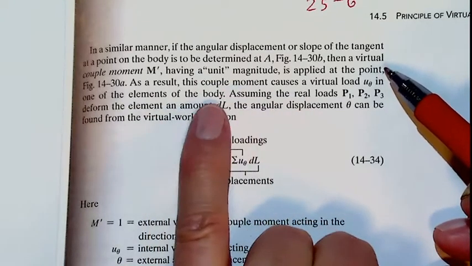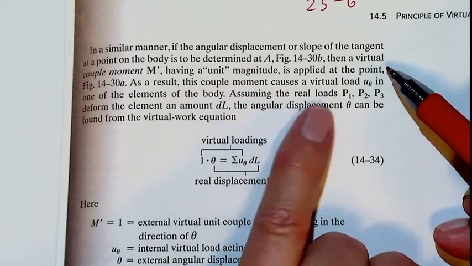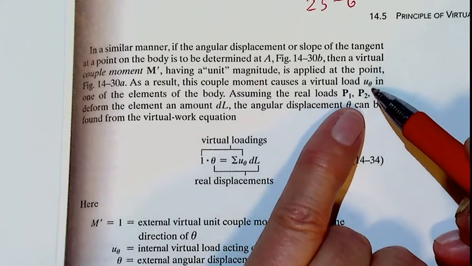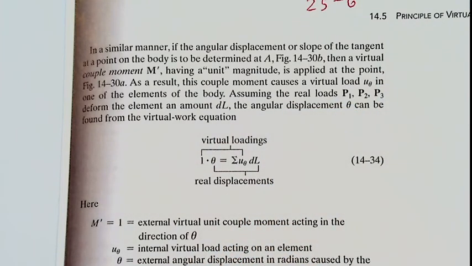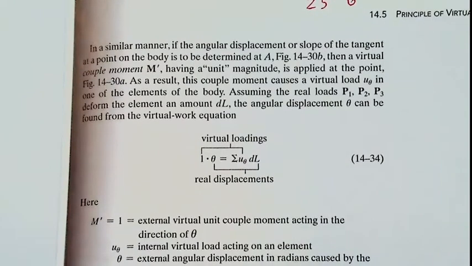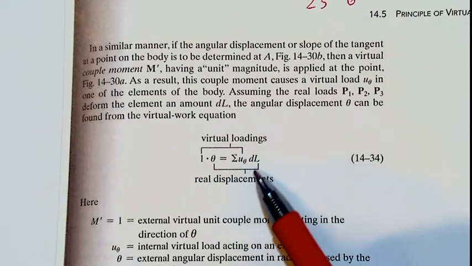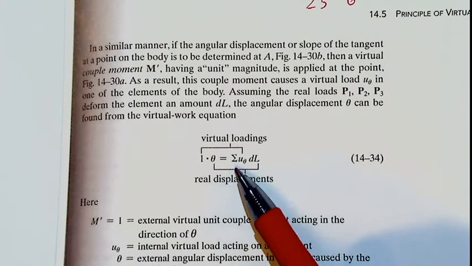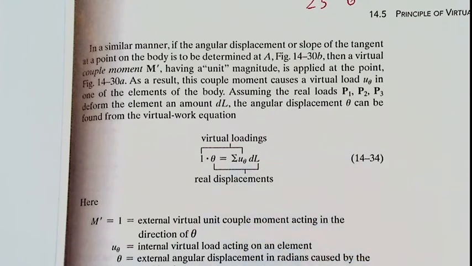As a result, this coupled moment causes virtual load U theta in one of the elements. And then we will get U theta dl. So 1 times theta equals summation of U theta dl.